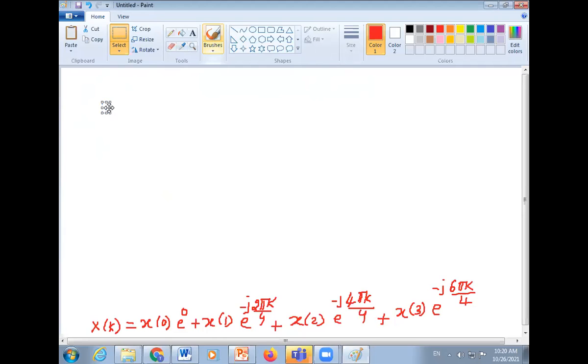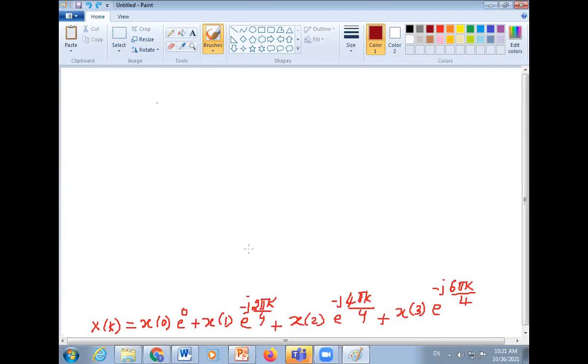How do we simplify this? So how do we write?